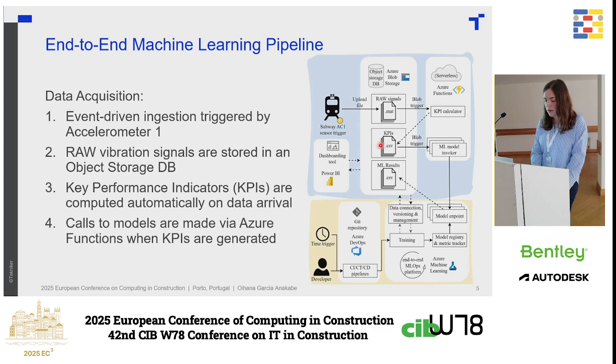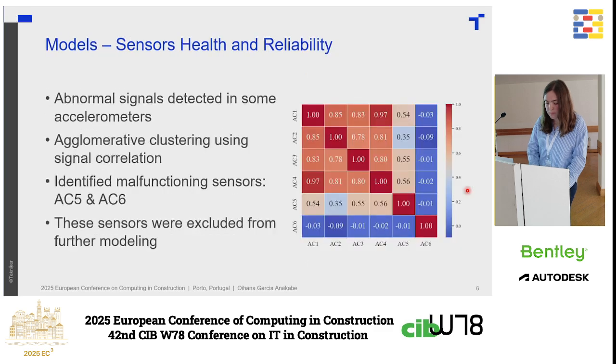When these indicators are saved, another trigger starts, we call the models deployed in the REST APIs, and we get the results. All these triggers have a small delay, so this is not real time, but we can say it's near real time because we obtain the results around 15 minutes after the train passes.